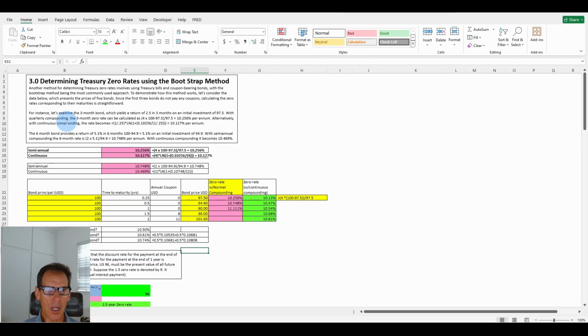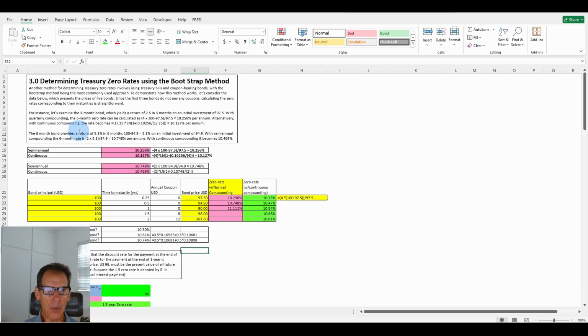Alternatively, with continuous compounding, the rate becomes 1 divided by 0.25 times the natural log of 1 plus 0.10256 divided by 4, which equals 10.127% per annum.